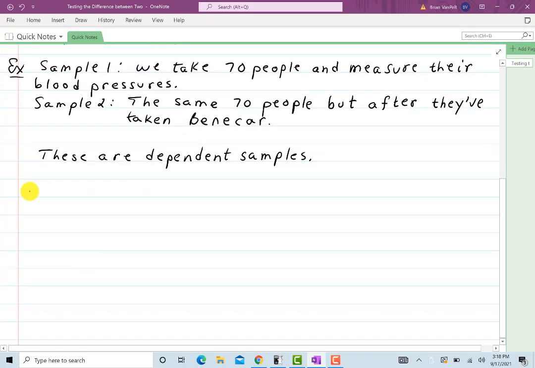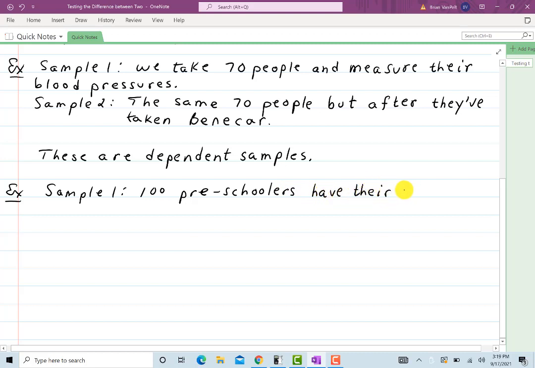There's another example. Sample 1. 100 preschoolers have their IQs measured.